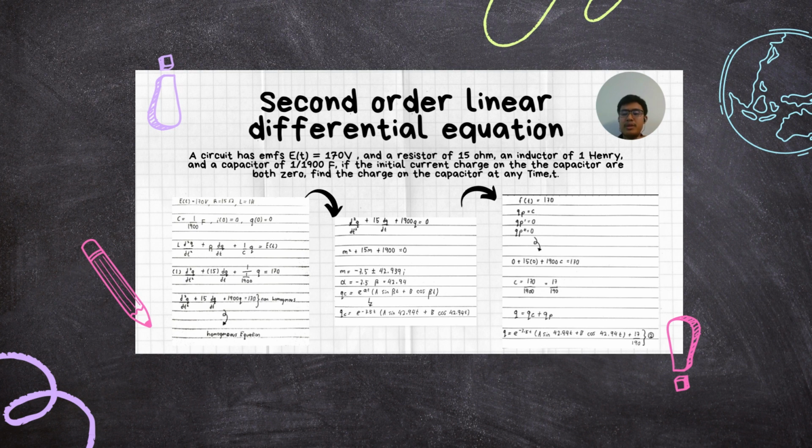After that, we insert the values into equation 1, that is m² + 15m + 1900.